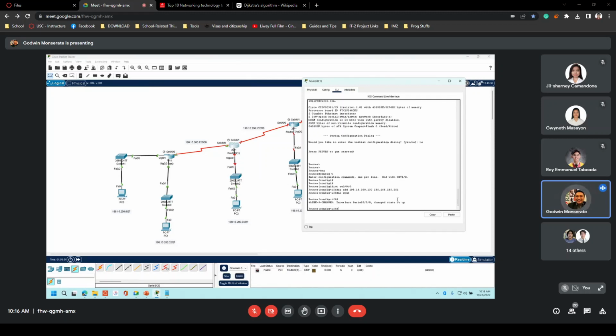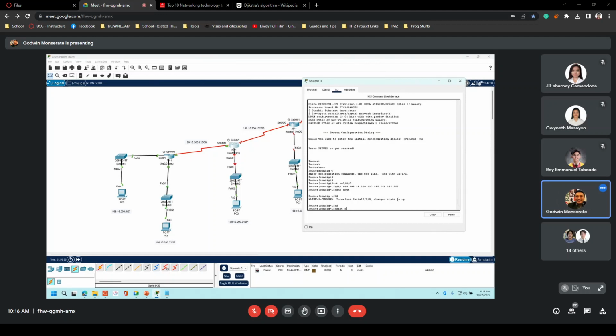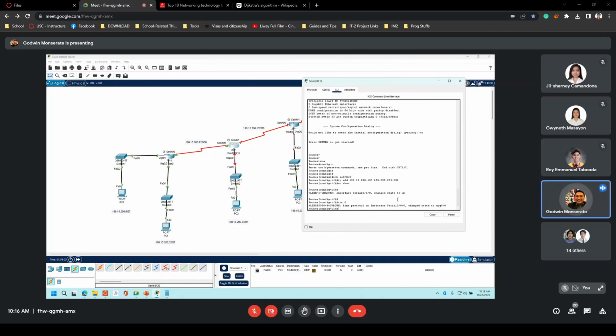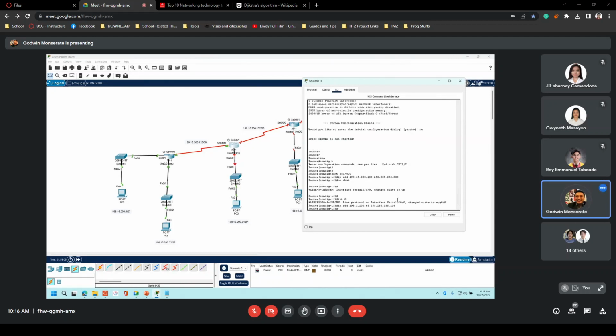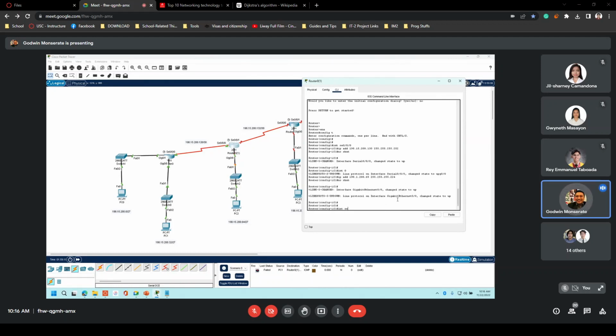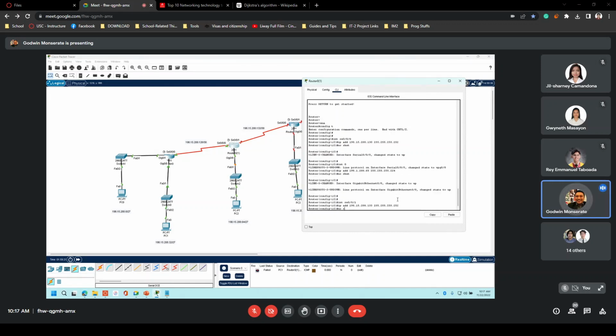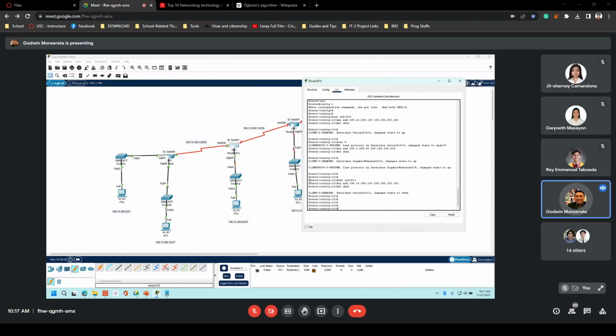Then in g0/0, ip add 198.15.200.65 255.255.255.224, enter, no shut. Int se0/0/1, ip add 198.15.200.133 255.255.255.252, enter, no shut. Okay, so I'm done with this router. I'll jump to the next router.